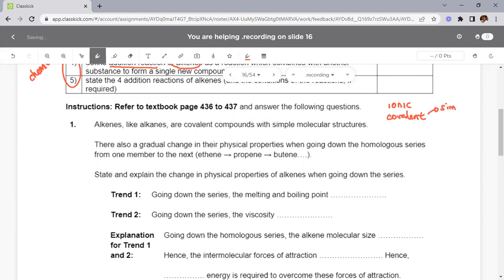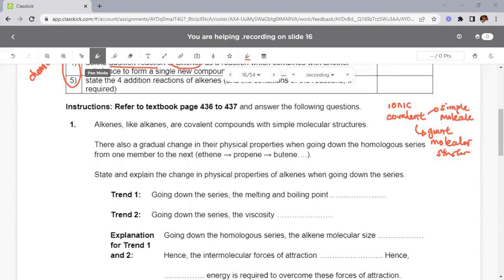We got simple molecules, which are small molecules like oxygen, nitrogen, O2, N2. And there are also what we call giant molecular structures. These are like your diamond, graphite, silicon dioxide.